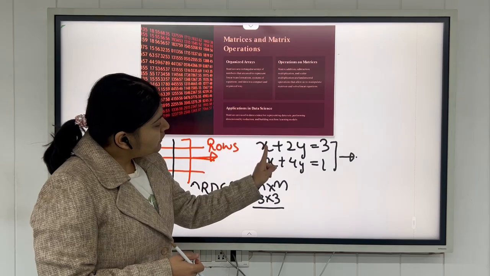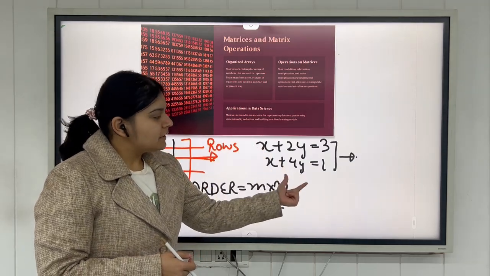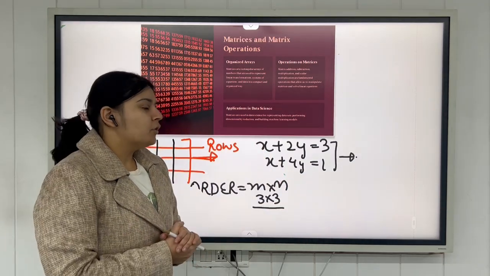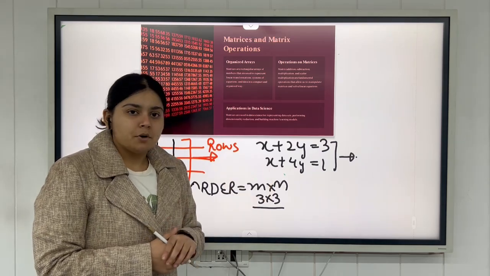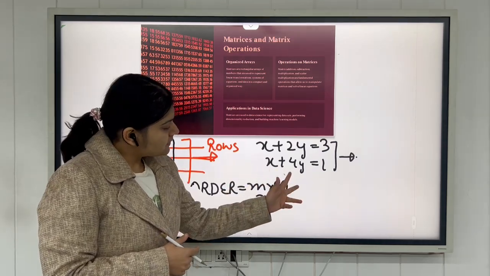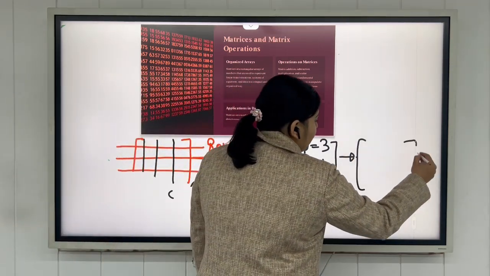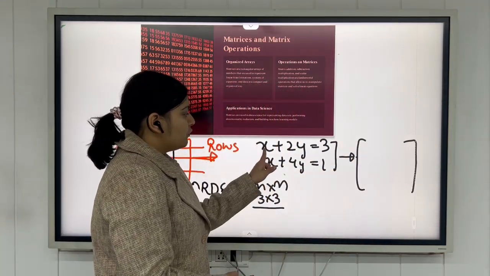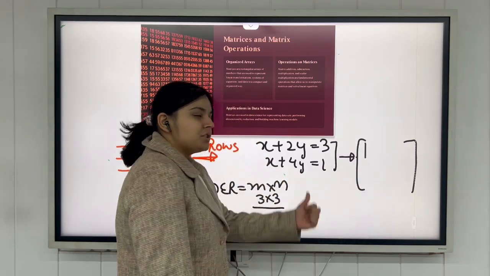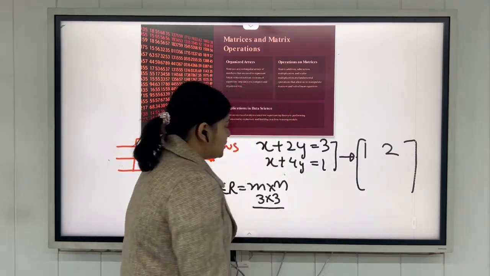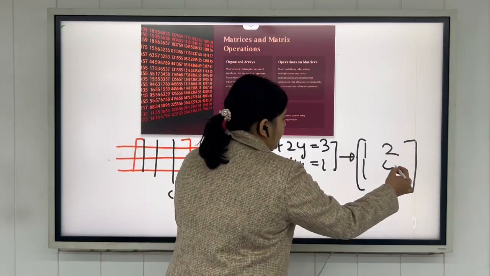But if we want to compute this linear equation into a representation form, that is called matrix form. Here in this class we are dealing with only 2 equations. We can represent these 2 equations in matrix form in such a way: coefficient of x is 1, coefficient of y is 2, coefficient of x is 1, coefficient of y is 2.